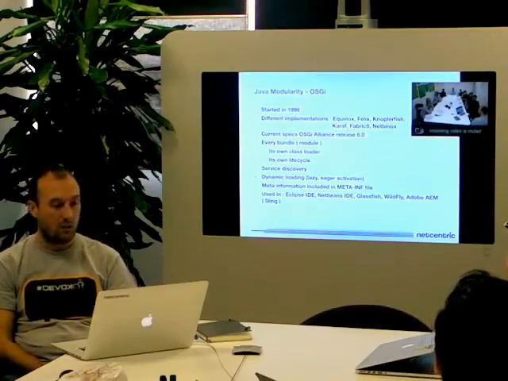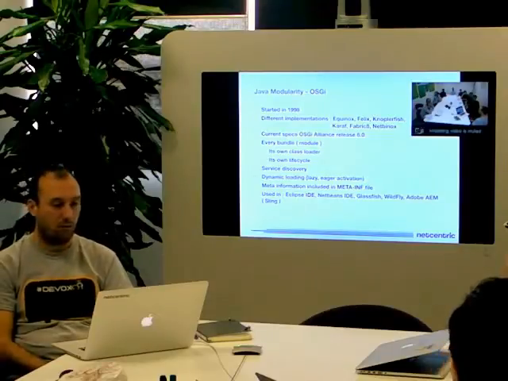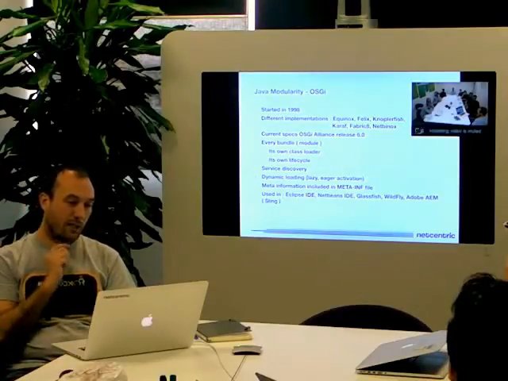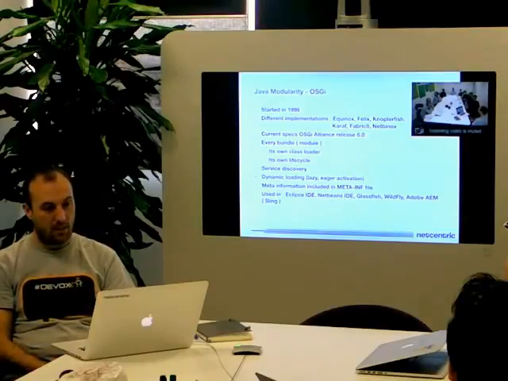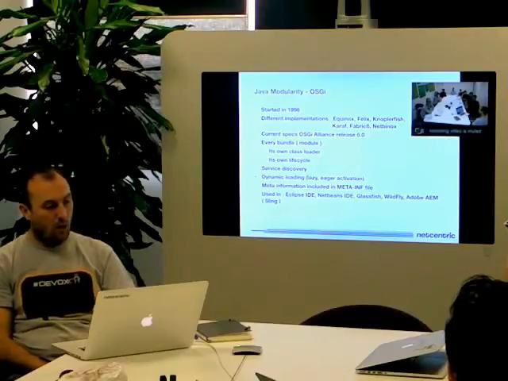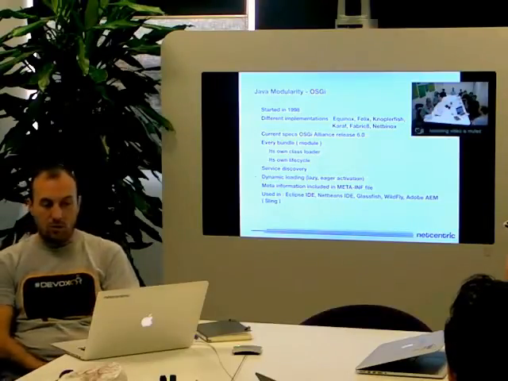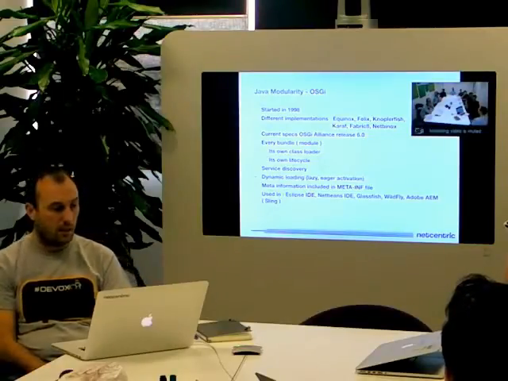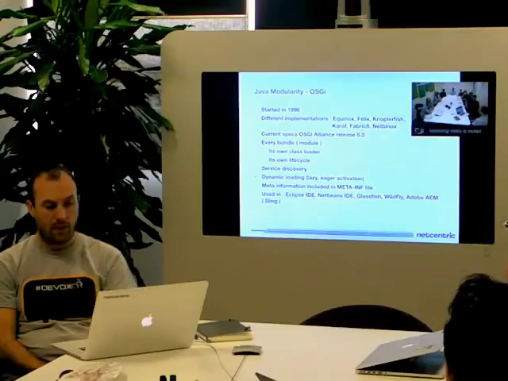In those days it was called domotics or whatever. So they created this implementation to have a modular system embedded in devices. We have different implementations. Here at NetCentric, we are using Felix, but there are others.